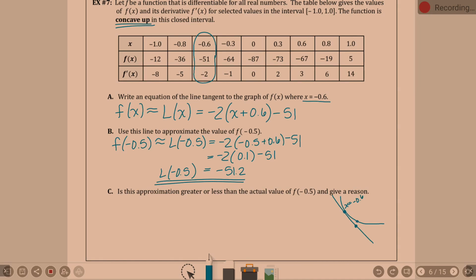But they asked us to find it at -5/10. So the idea is the curve is your actual value. The tangent line is the linearization. So that's your linearization, the approximation at -5/10. Okay? So yeah, concave up will always have that.